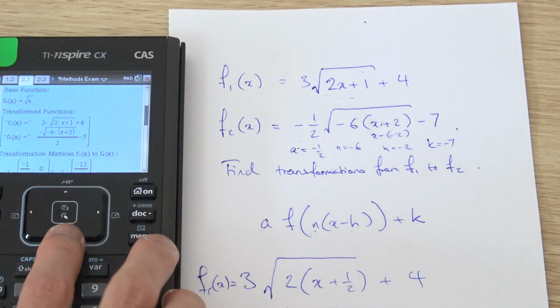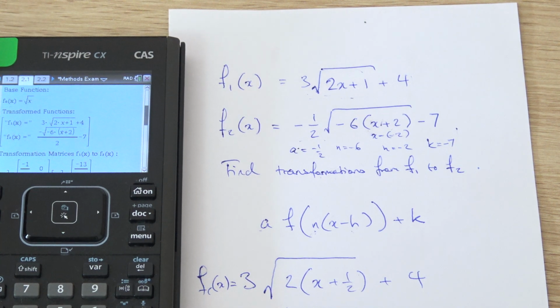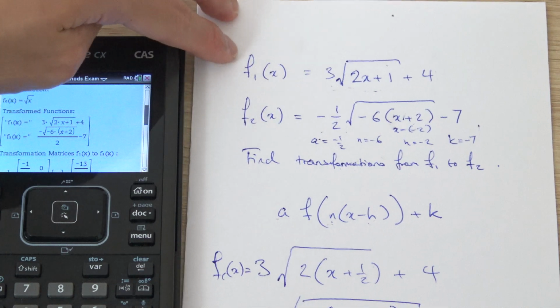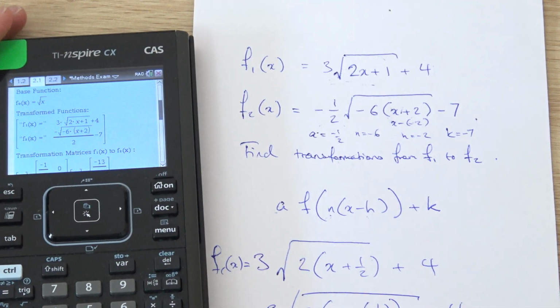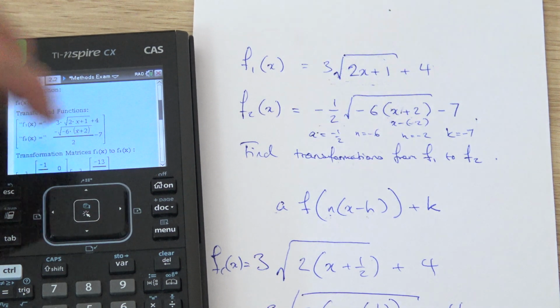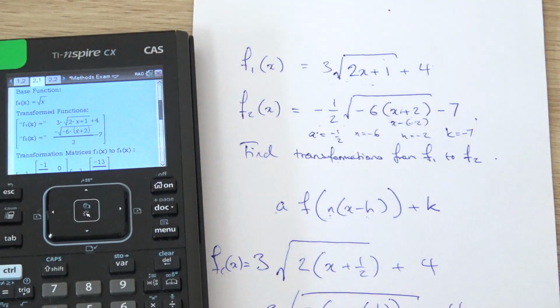So as you can see, this is quite a powerful thing. All you need to be able to do is describe the transformations on f1 and f2. And if you can describe that, and if you can punch it into the calculator correctly, then the calculator can tell you how to get from one function to the other quite easily.